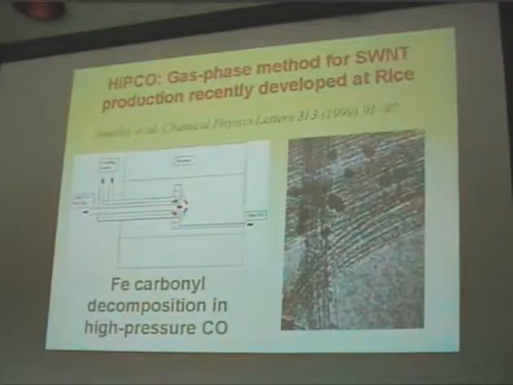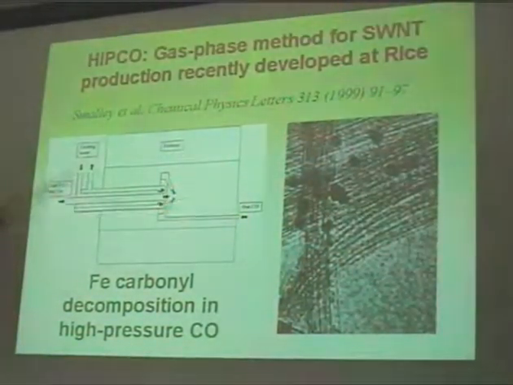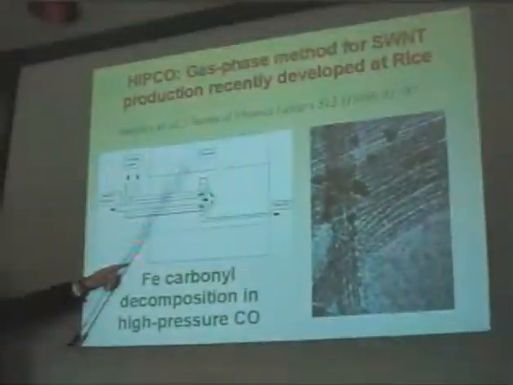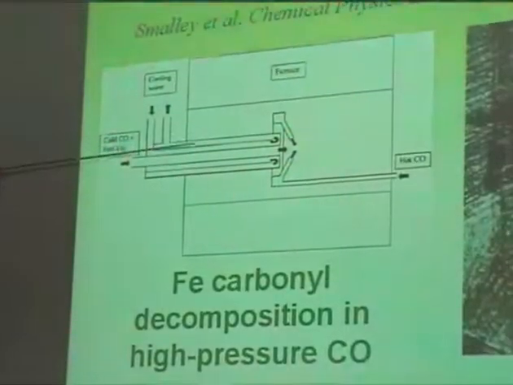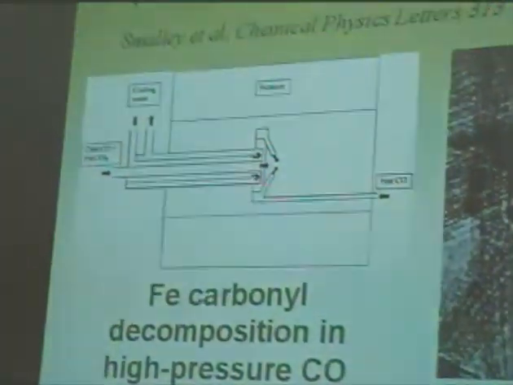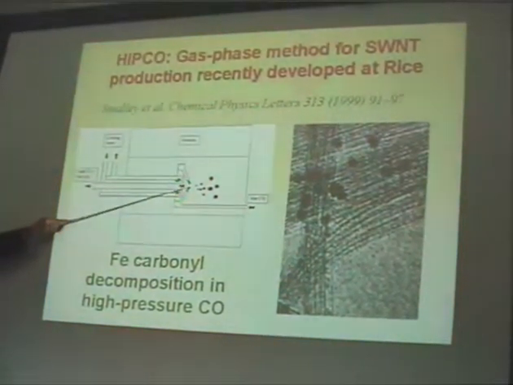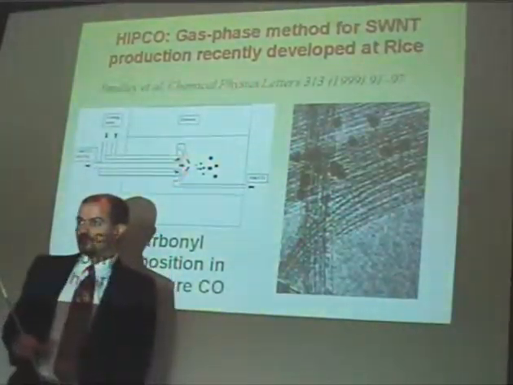Okay? All right. We can compare that with the method that has been developed recently at Rice, which is called HiPco. In this method, they produce single-wall nanotubes. By this method, they have 1200 degrees C, an injection of carbon monoxide, and iron pentacarbonyl. What happens there is that iron carbonyl decomposes, and in this flow, those particles grow.